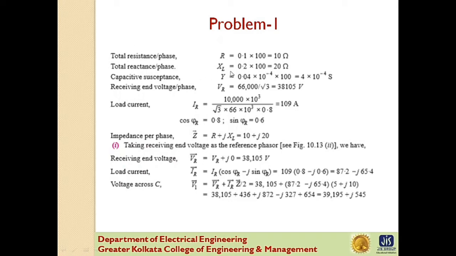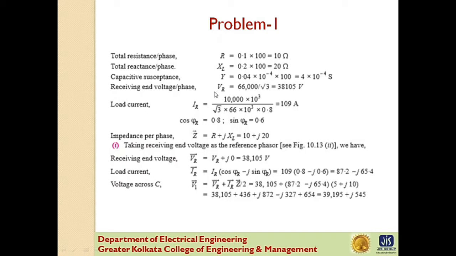Similarly, the total inductive reactance is 0.2 into 100, 20 ohm per phase, and capacitive susceptance is 0.04 into 10 to the minus 4 into 100, that is equal to 4 into 10 to the minus 4 Siemens.